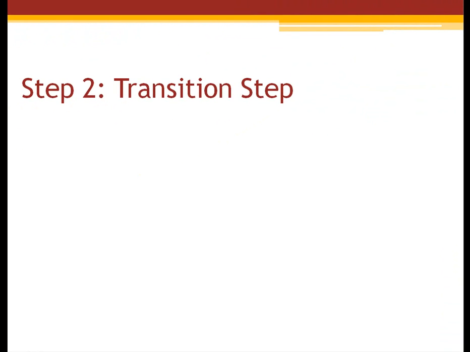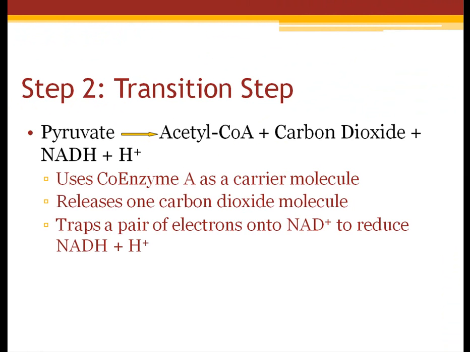The second step is the transition step. It is here that oxygen must be present in order for us to continue. What happens is the pyruvate created at the end of glycolysis is then taken into the mitochondrion. As it goes across the membranes of the mitochondria, it will reduce itself to acetyl coenzyme A and a carbon dioxide molecule, and another NADH plus H plus is reduced.